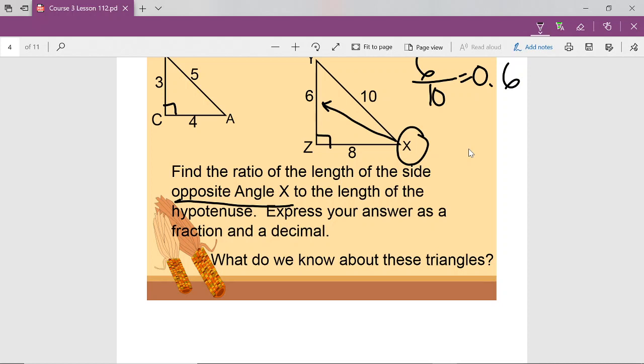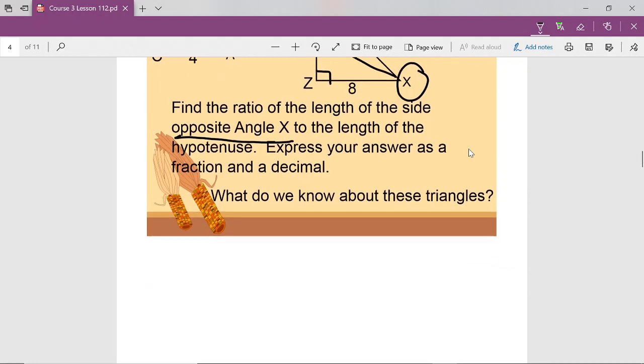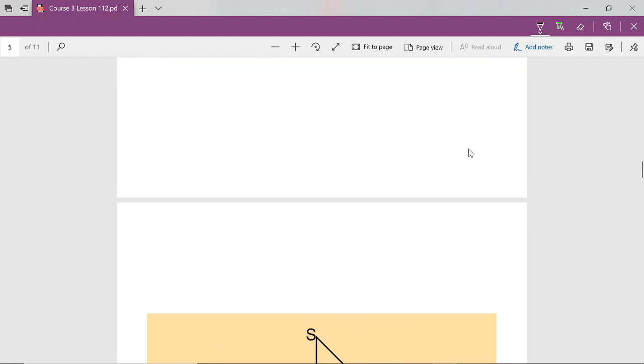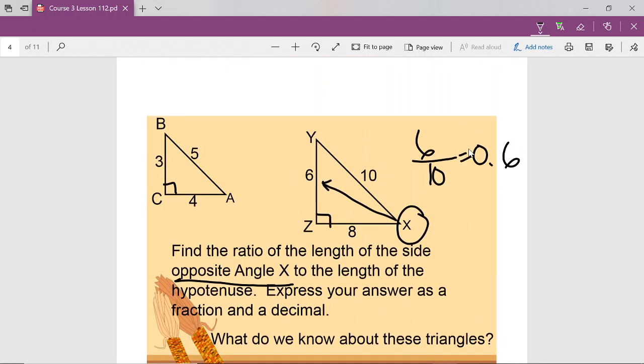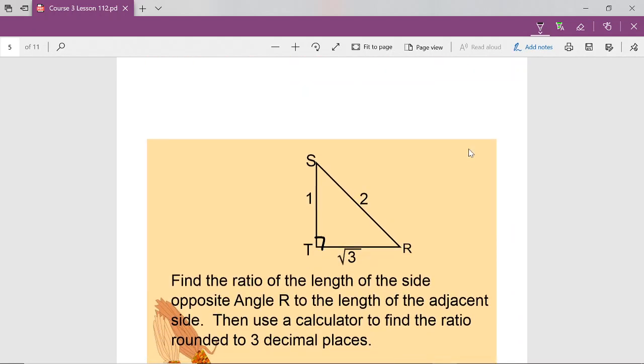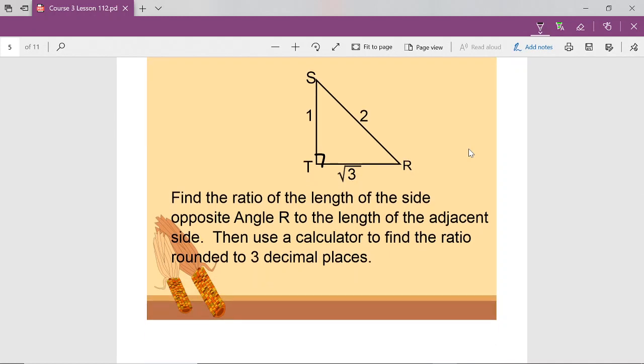All of those ratios also have whole numbers as their side lengths. This is not always going to be true. So, for example, this one right here. This one is also a right angle, okay? Up here we know that these are right triangles because 3, 4, 5 is a Pythagorean triple, 6, 8, 10 is a Pythagorean triple, and 1, root 3, 2 is one of our special right triangles, where we have this pattern of 1, root 3, and 2 that we looked at earlier in a different lesson.